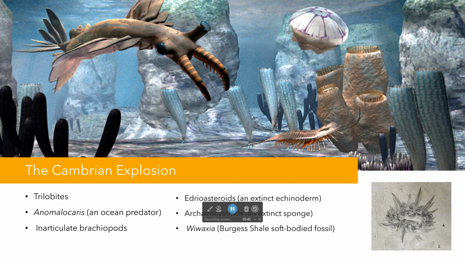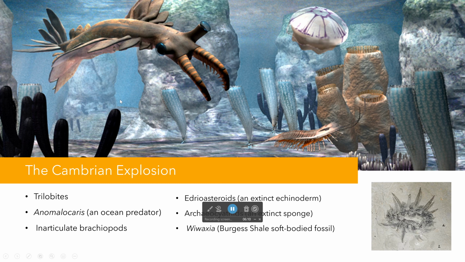This spurs, or is a possibility for spurring, the Cambrian explosion, which is an explosion of life at this time. So we have trilobites, which are very abundant, and you can see a reconstruction of the trilobite outlined by my cursor here. Anomalocaris is an ocean predator that may have preyed on trilobites, which is here in the foreground top left.